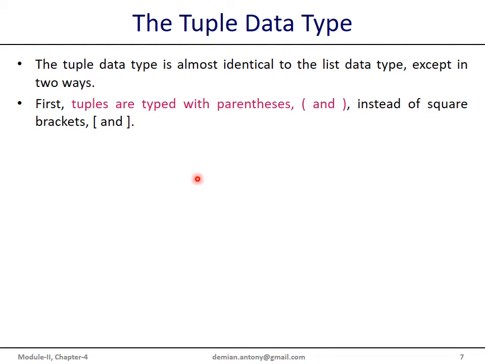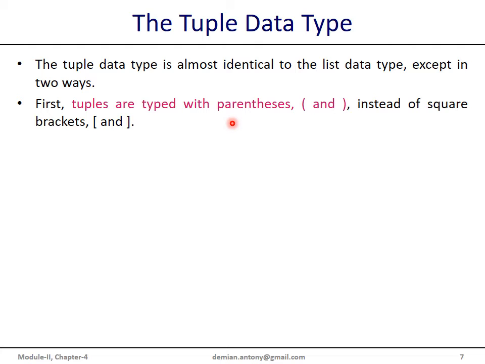Tuple data type. Tuple data type is a special data type which is available in Python, which is almost identical to list data type except in 2 ways. First is tuples are typed with parentheses.